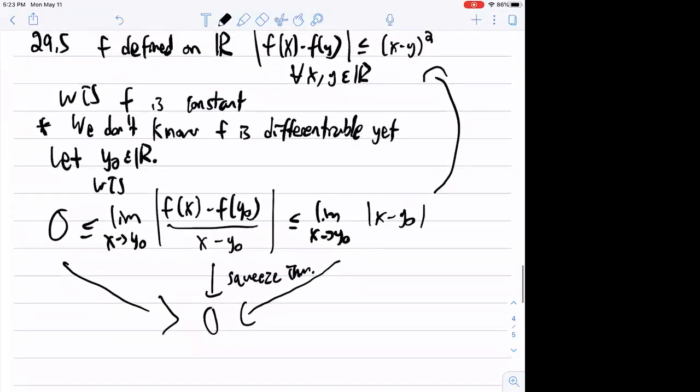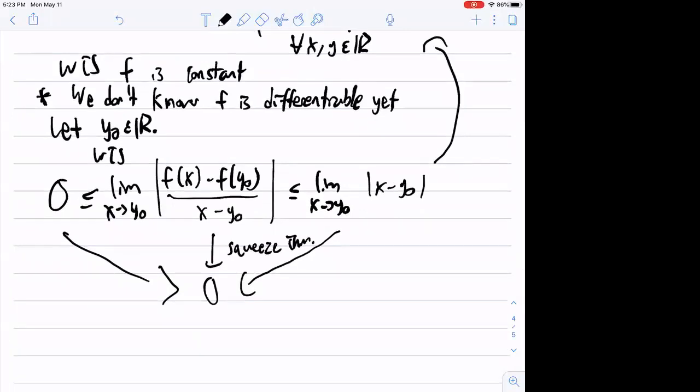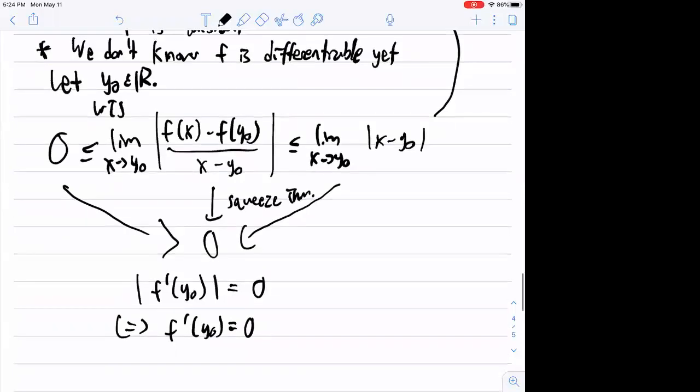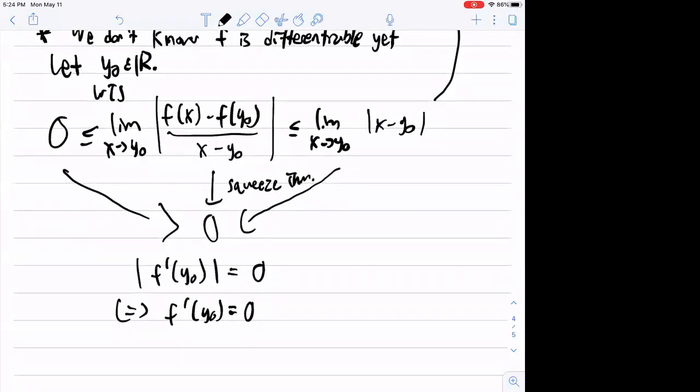In particular, if you bring the limit inside, it's just this, right? So that means that if the absolute value is 0, it just means this is 0, right? The only number that has absolute value 0 is 0. And from here, y naught was arbitrary.